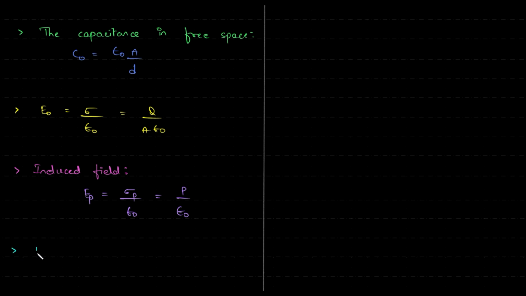Then we have the net field, right? That's equal to E naught minus E P. E net is also equal to E naught by K. That's the definition of the permittivity of the material, right, guys? So these are all the things that we have derived, right? So let's move forward.